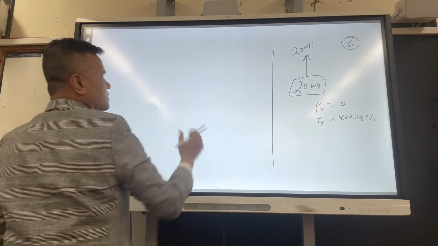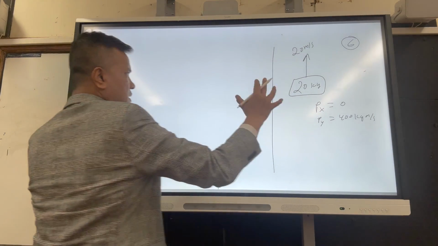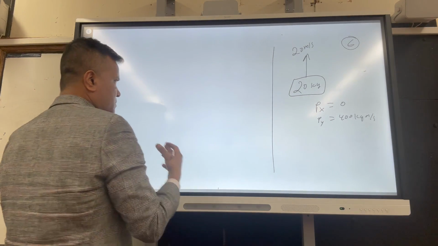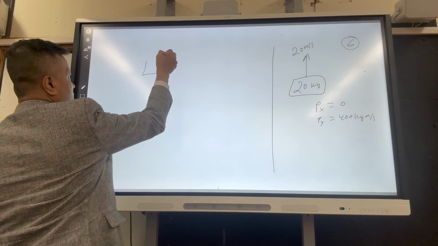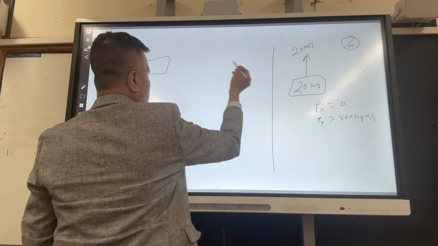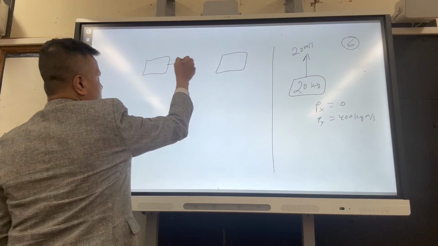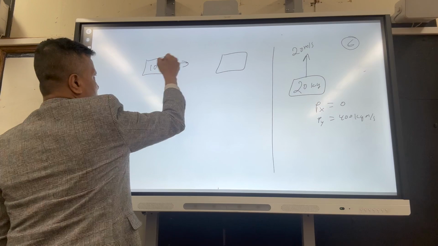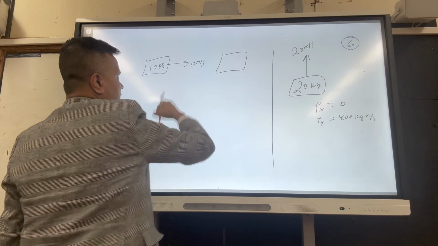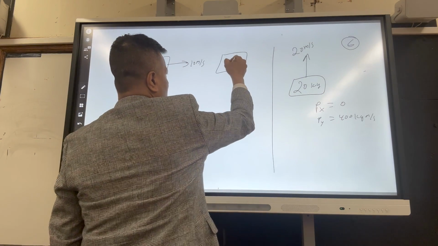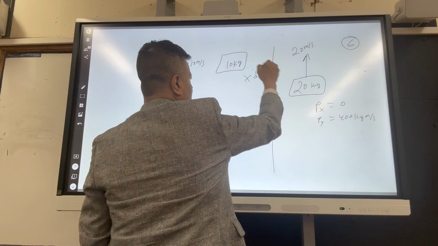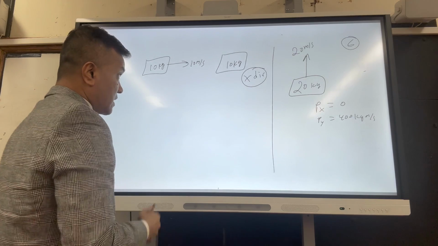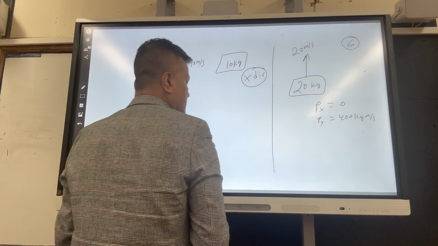Now, you throw it out, and it breaks into two pieces to get to the targets. One piece is 10 kilograms at 10 meters per second in the x direction. You're going to find out the direction of the other piece, and of course the resultant, and that's most important.